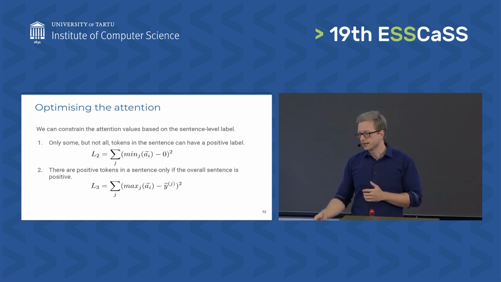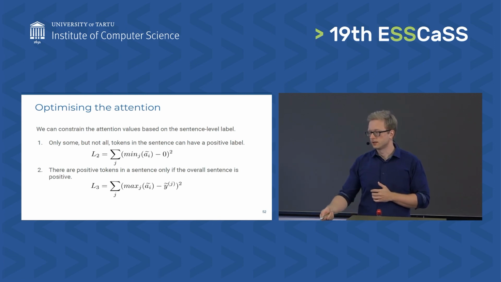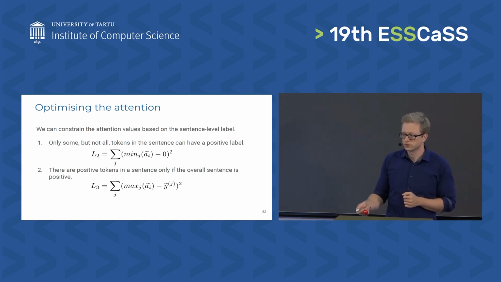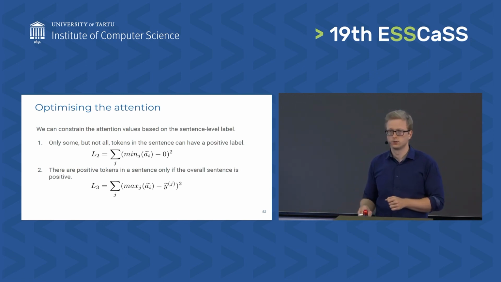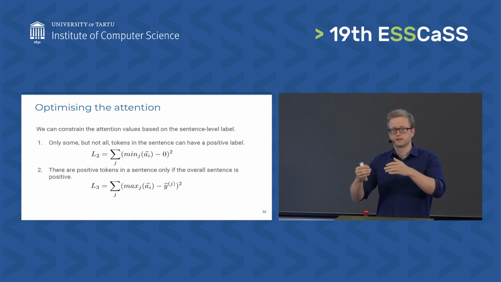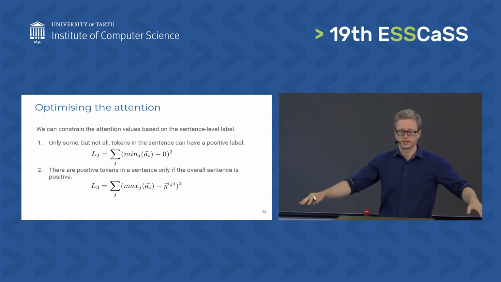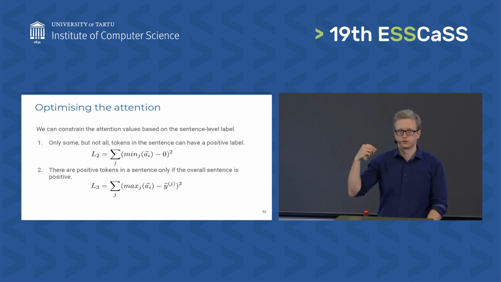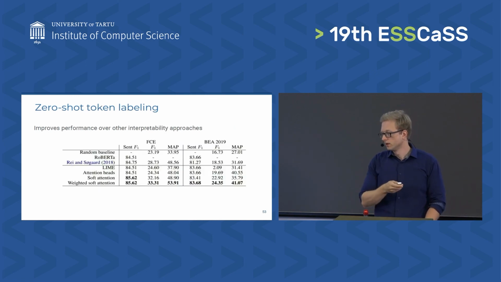And the second objective is that there are positive tokens in a sentence only if the overall sentence is positive. So if the sentence is negative, we want attention to be 0 across all the words, and only if the sentence level label is positive, we want it to have some words that it's focusing on.